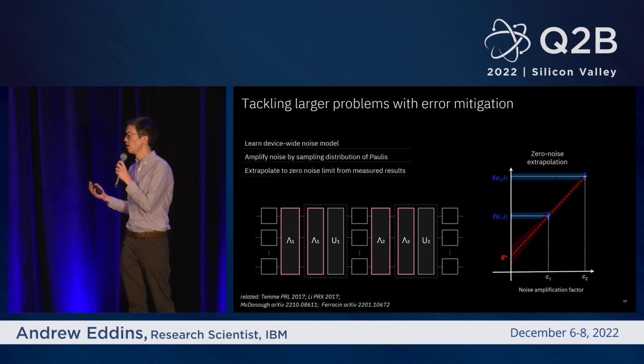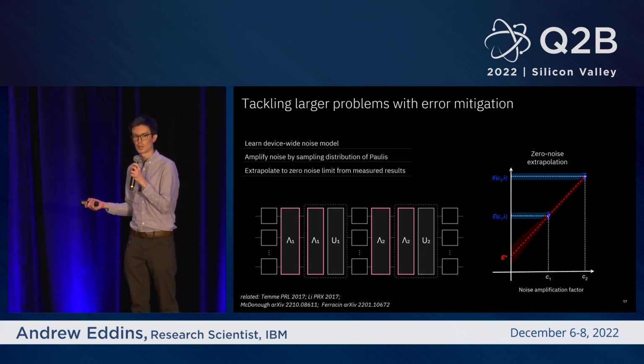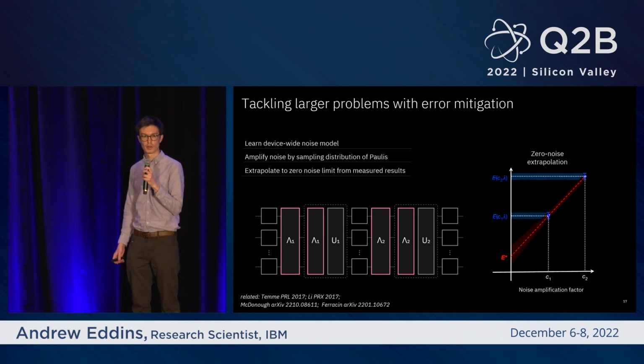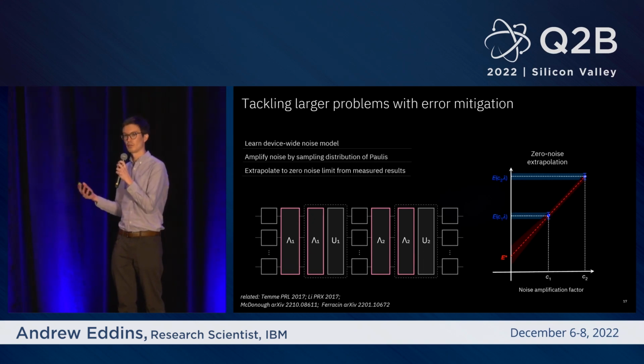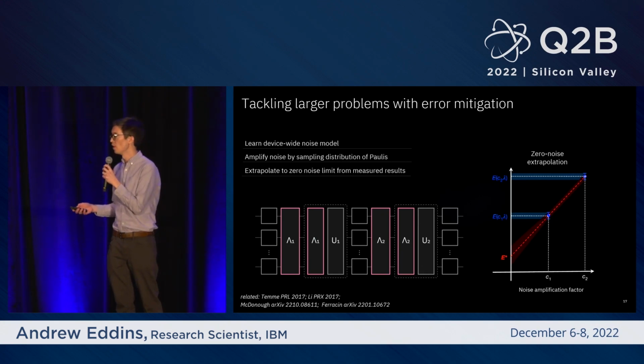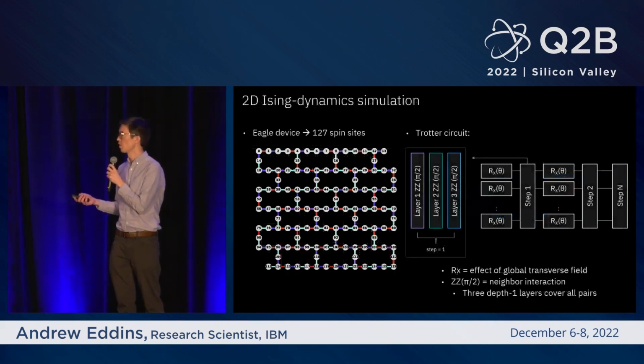So why do you want to controllably amplify the noise? Well, this is a useful technique for doing what's a popular mitigation strategy known as zero noise extrapolation. If you can run the original circuit and run a noise amplified version of the circuit at a known noise gain factor, you can use that information to extrapolate back to an estimate of the noiseless or ideal expectation value. So that's what we're doing here.